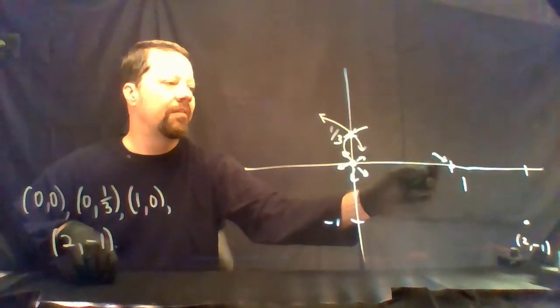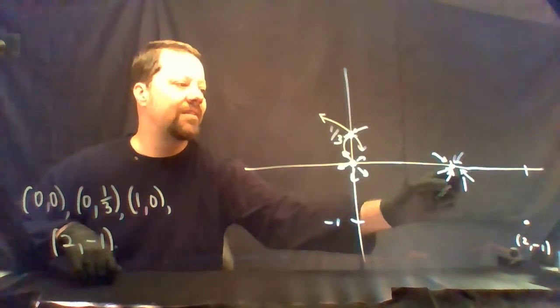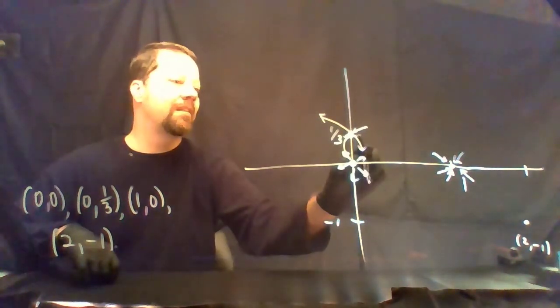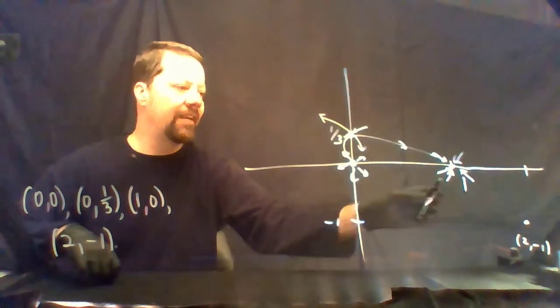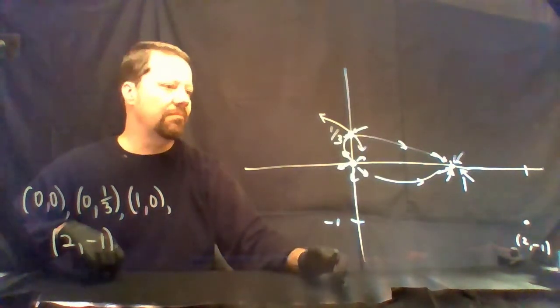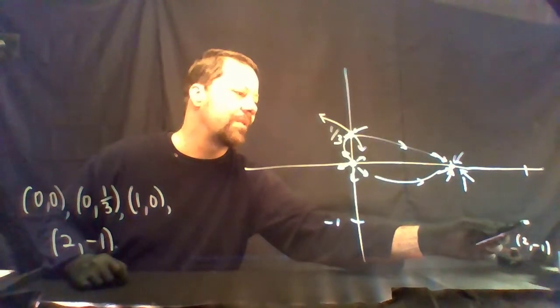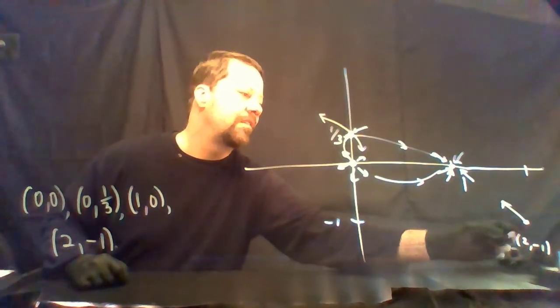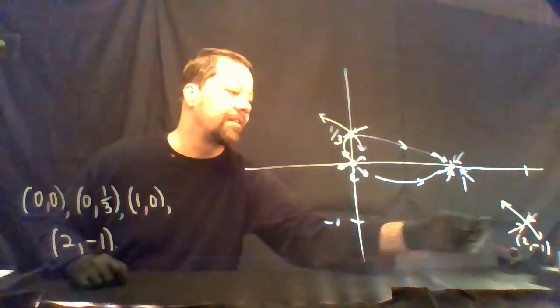The point 1, 0 was a sink, and so points that come out from here might tend over there. This last point was also a saddle, meaning you may go out in some directions, but in others.